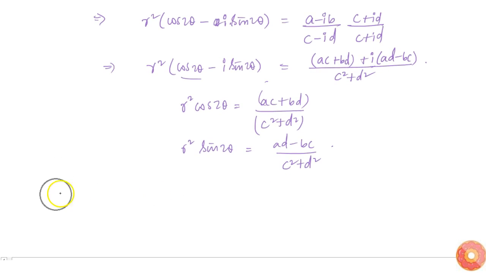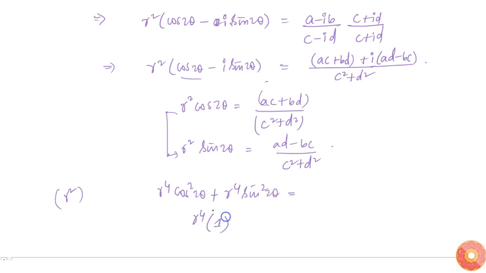All we need to find is r square. So I'll square both of these and add them. That will become r power 4 cos square 2 theta plus r power 4 sin square 2 theta. Why am I doing this? Because I can write this as into 1, because cos square 2 theta plus sin square 2 theta is simply 1.